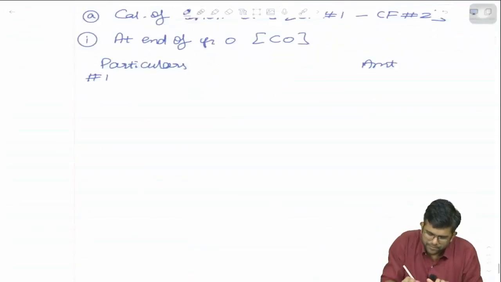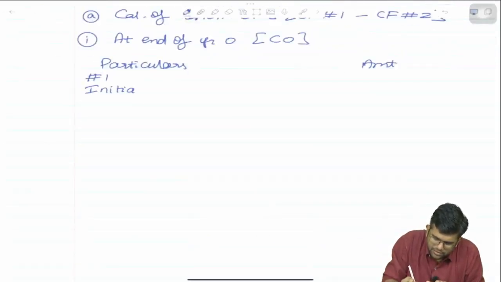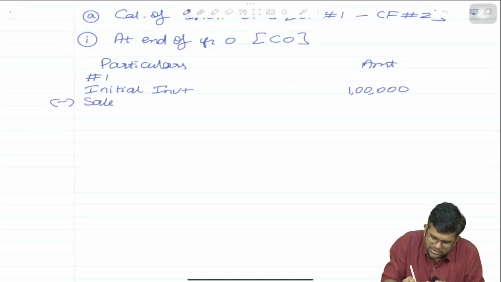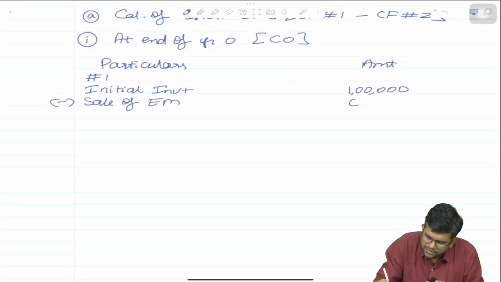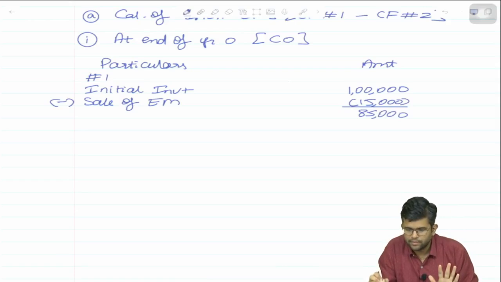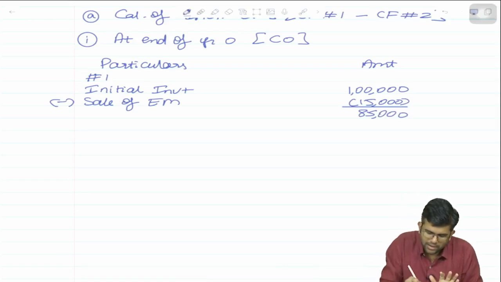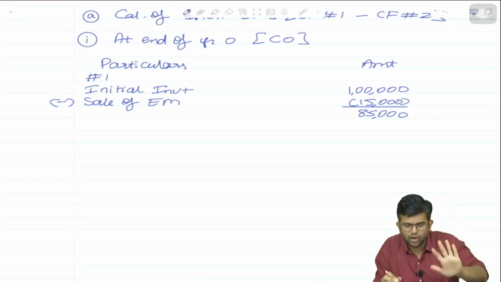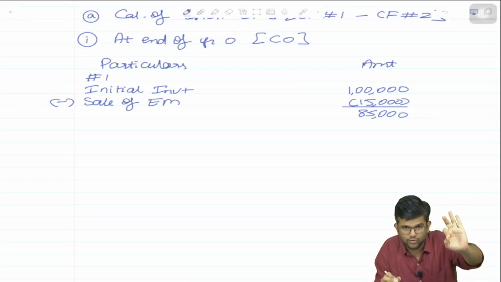So I am writing here initial investment. Initial investment is rupees 1 lakh, and then there is a sale of existing machine, that is rupees 15,000, and that will give you 85,000 rupees as the net initial investment. Everybody clear? Correct? Can I say this is the initial investment or year 0 cash outflow of story number 1?